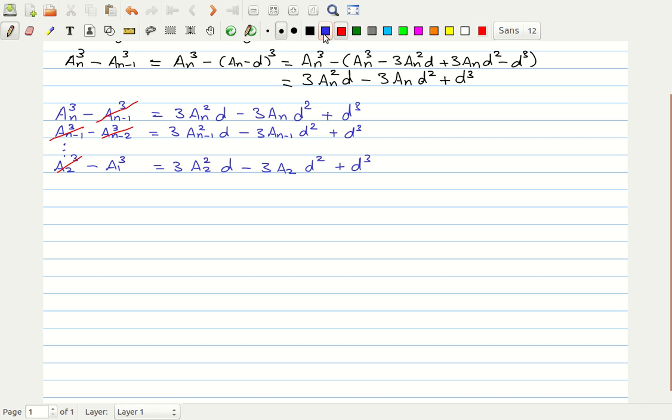So on the left hand side you will be left with an cube minus a1 cube.